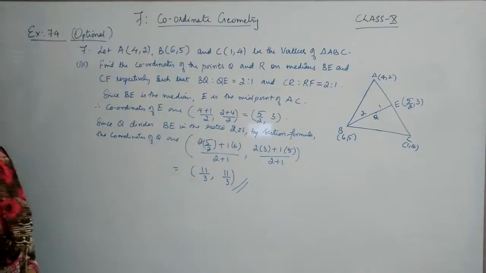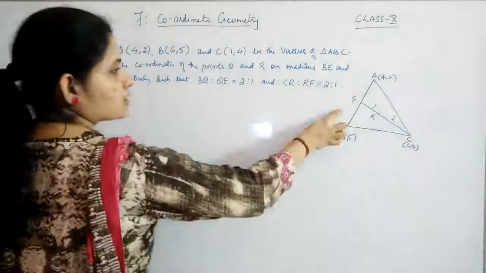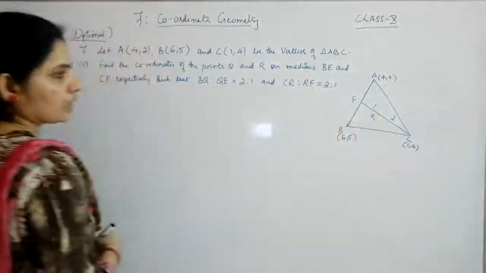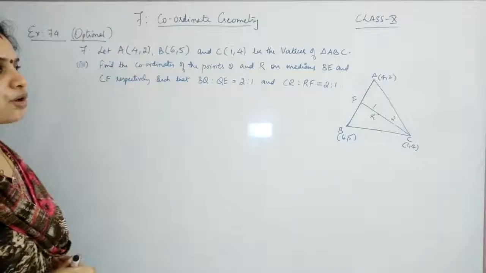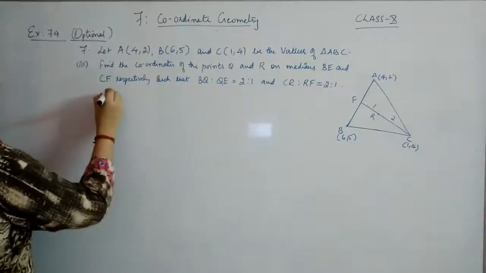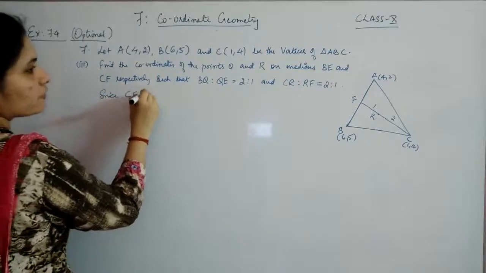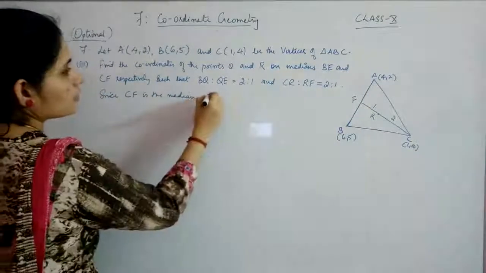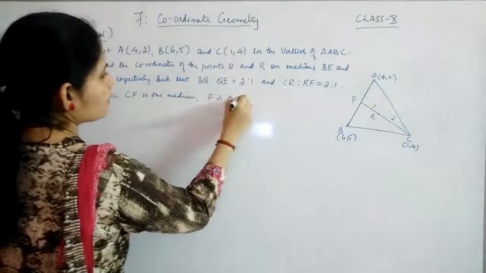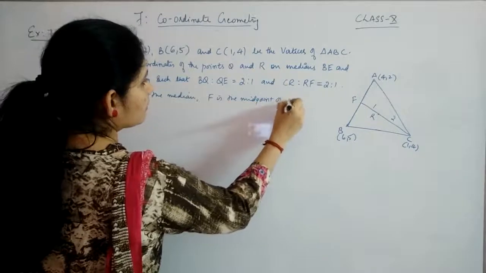Now we'll go for R. Now for this, CF is the median, okay, on AB. So F will be acting as the midpoint of AB. Since CF is the median, F is the midpoint of AB.